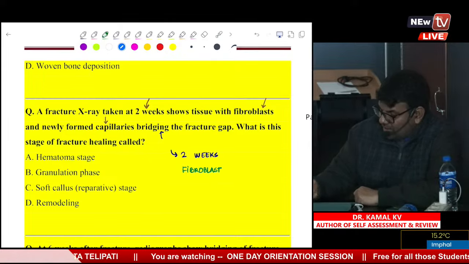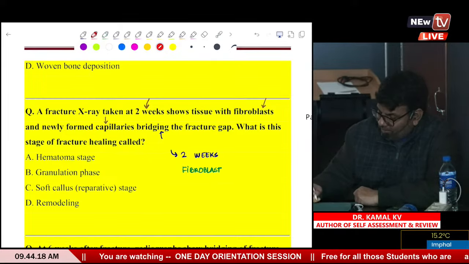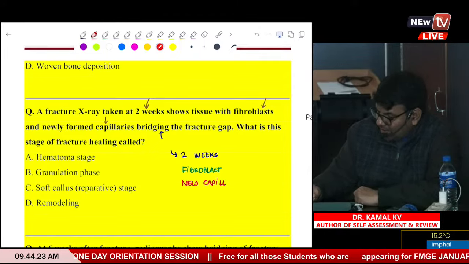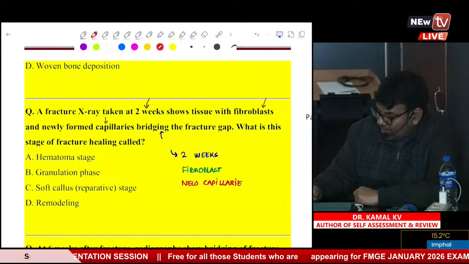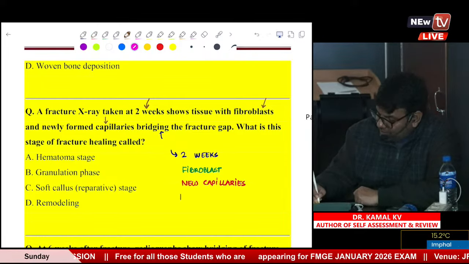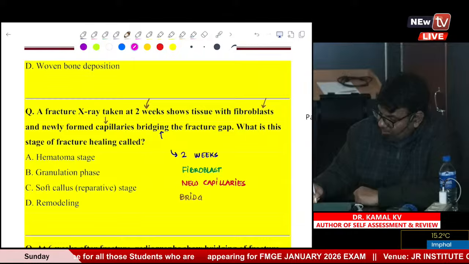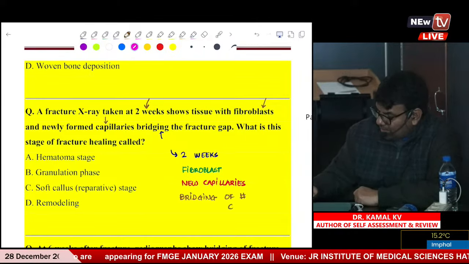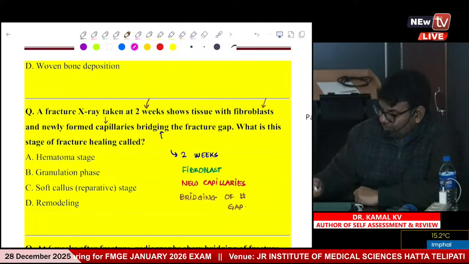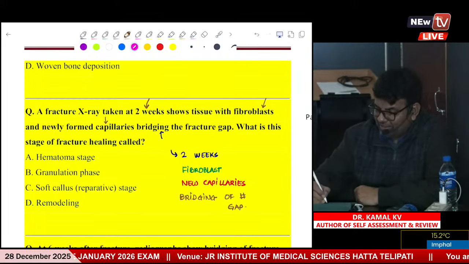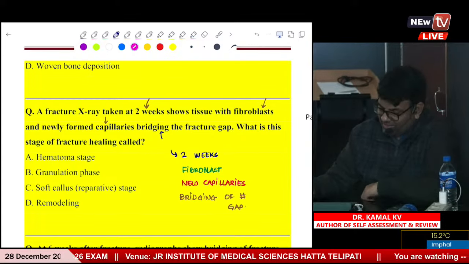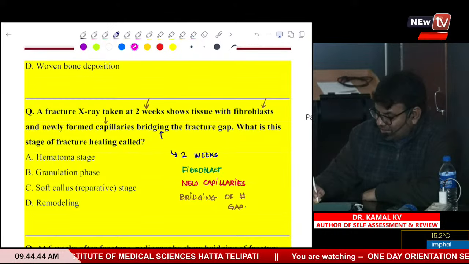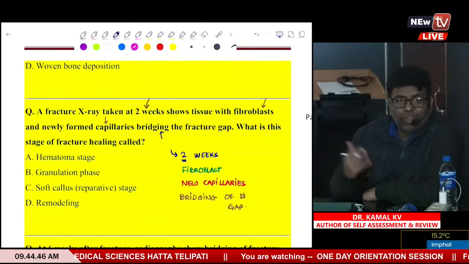Fibroblast, then new capillaries, and there is bridging of fracture gap. Now what you can think? Yes, what will be your answer? 2 weeks.